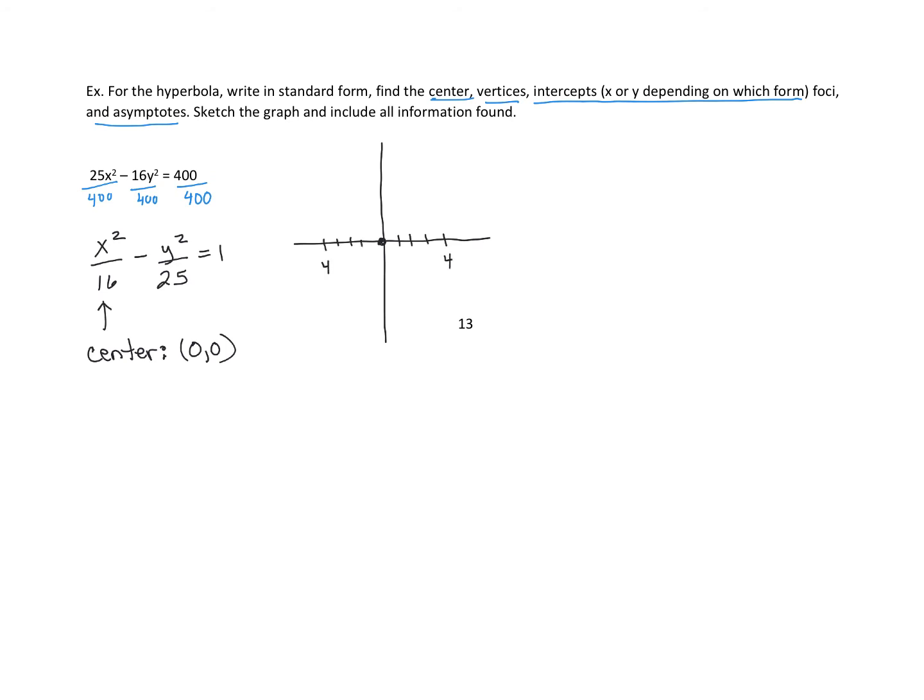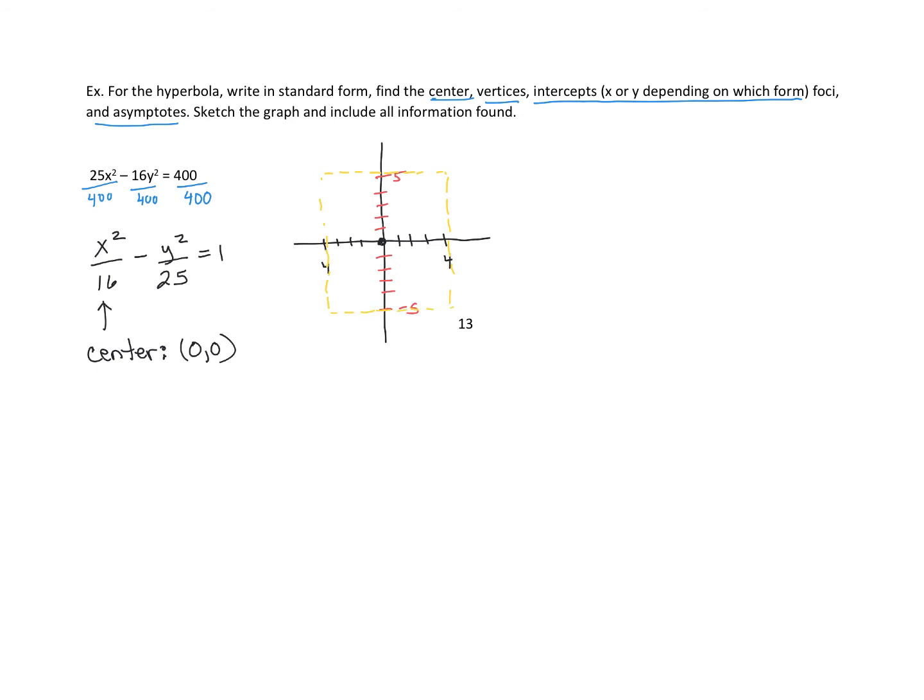And in the y direction, I'm going to go 5. And I'm going to get this magic box. That's what I call it. It's magic. So just horizontal and vertical lines through those points.